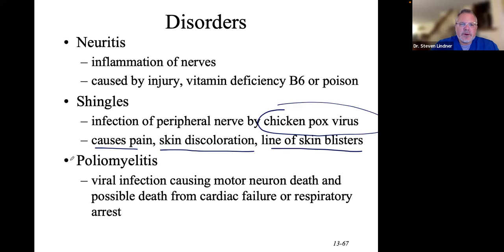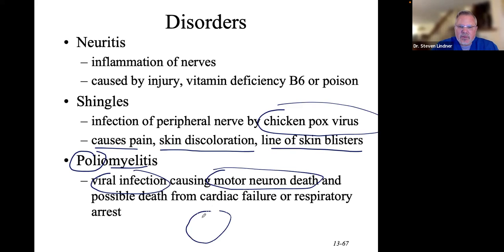Polio, you've heard of polio or poliomyelitis. This is a viral infection that causes motor neuron death. But where the virus is, if this is the cross section of the spinal cord, the virus affects the anterior horn.